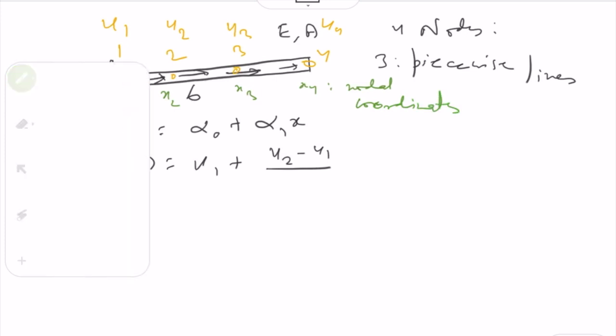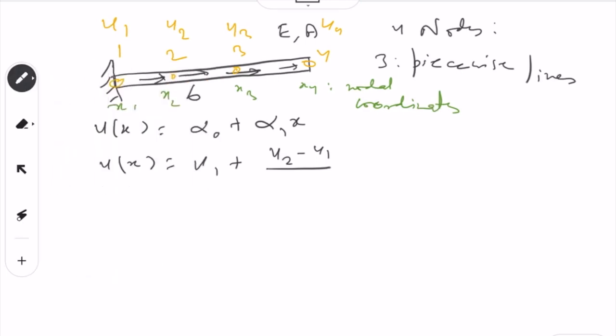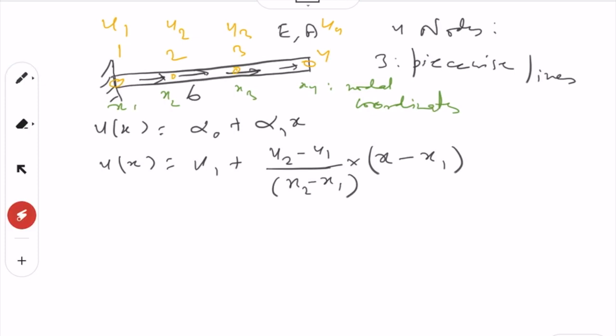So, accordingly we can write u(x) equal to u1 plus (u2 minus u1) divided by (x2 minus x1) multiplied by (x minus x1). So what we are doing is linearly interpolating.